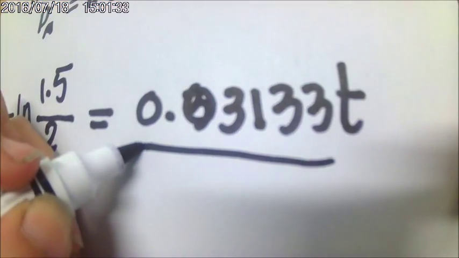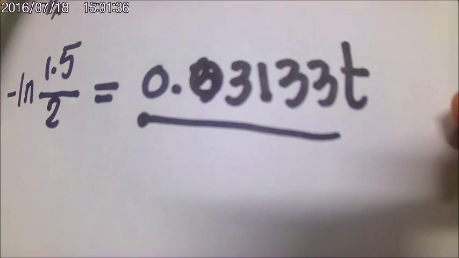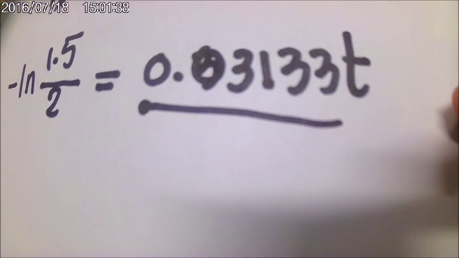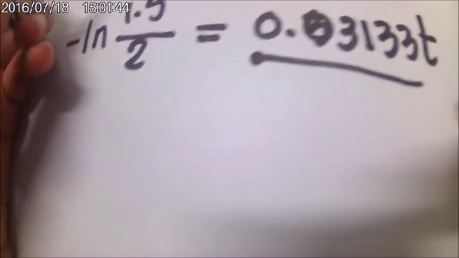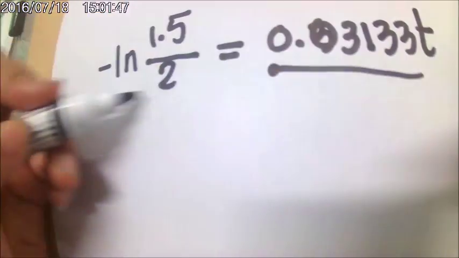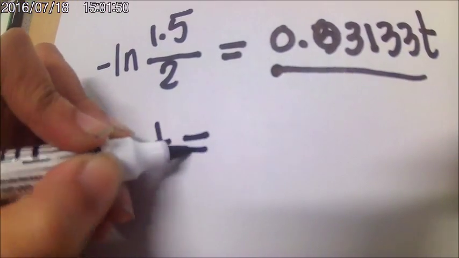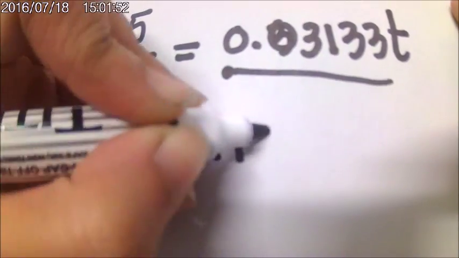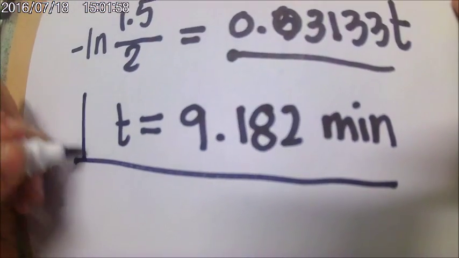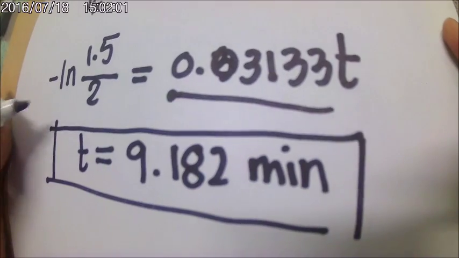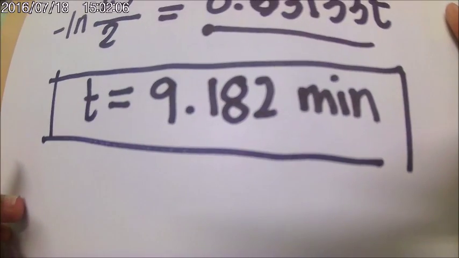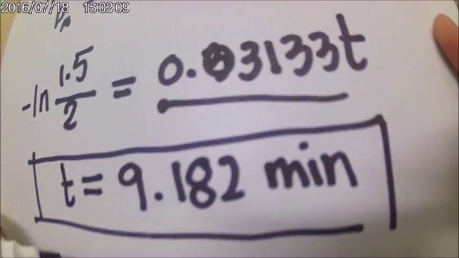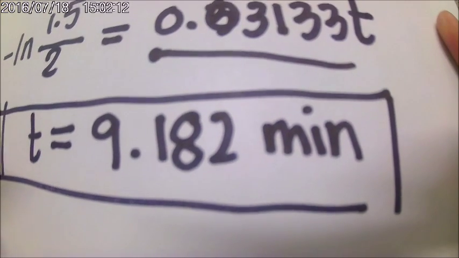This is the value that we obtained in our first solution. Calculating this, we get a value of t equal to 9.182 minutes. So for it to reach the pressure of 3 atm, we need 9.182 minutes.